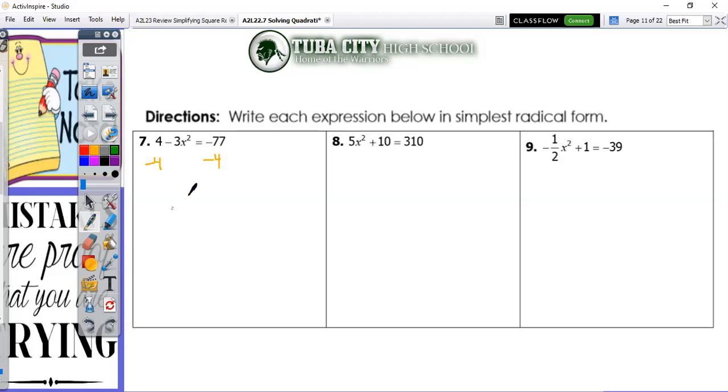Actually, you know what? I haven't been writing those things anyway. Looks like we're going to have a negative here. We better get rid of this negative before we start doing too many other things, and this is going to be 77 and 4. They're both negative, so it's going to be like adding them, so it's going to be negative 81. Divide both sides by negative 3.